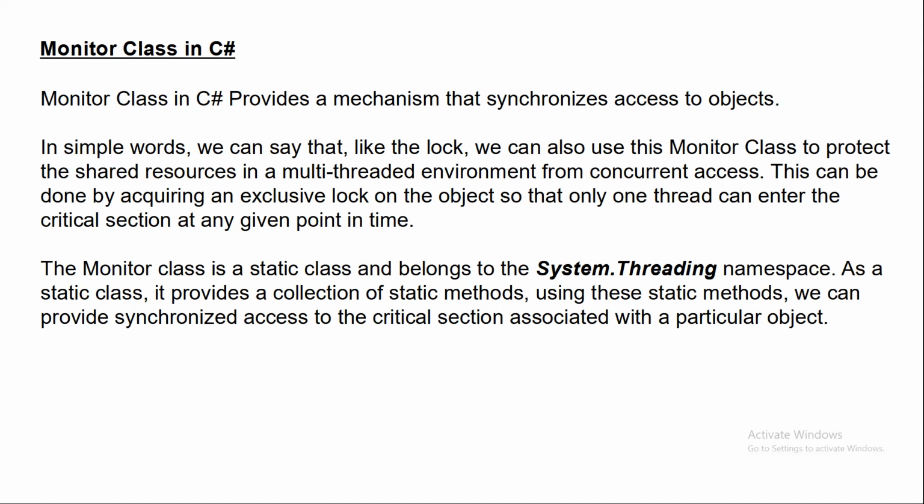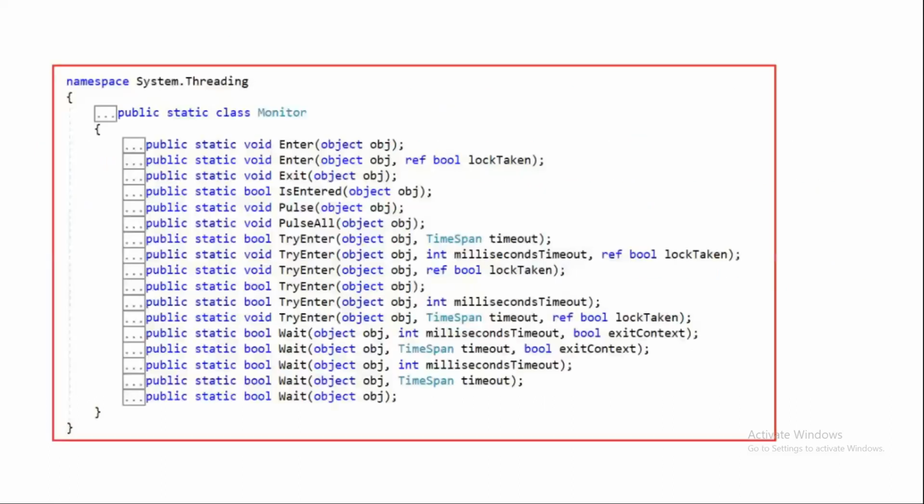So if you want to use the locking mechanism with the help of monitor, since it is a static class, you should not be instantiating the object. You have to use Monitor dot, and the methods are also static. So Monitor is the class name, dot, directly access the method name without instantiating the object. So you see here, this is the static class Monitor, and all the methods are declared as static.